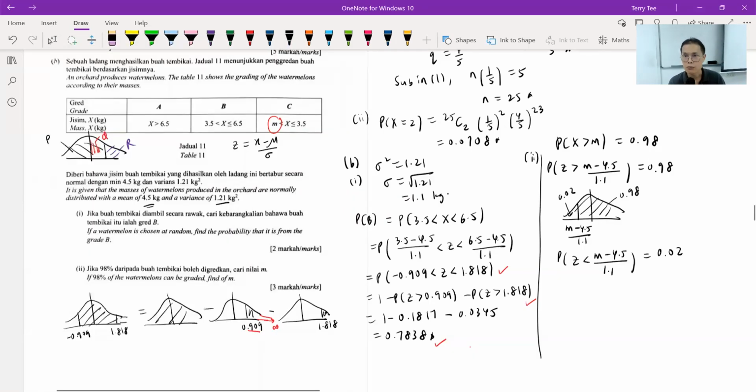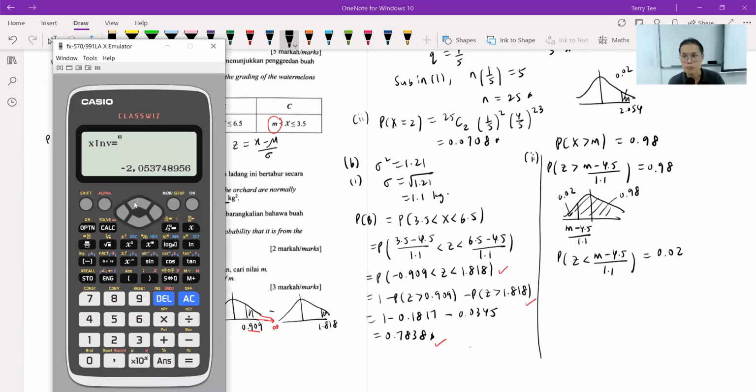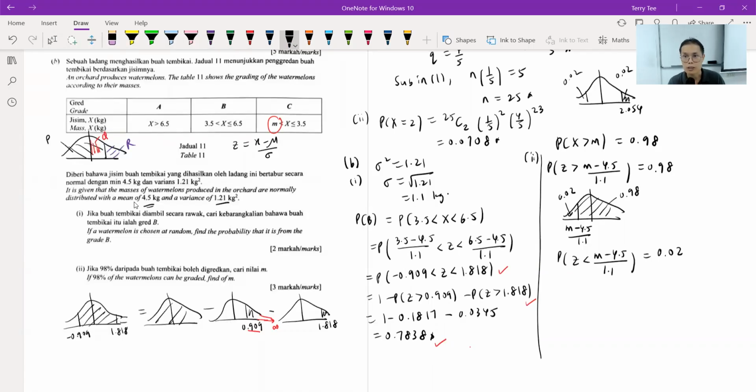As in, if you read from your mathematical table, 0.02, we are referring to this. This is 2.054, right? But this calculator has a negative because it's reading 0.02 from the left. Therefore, it gives a negative in front.